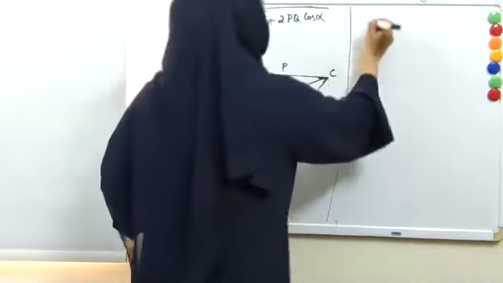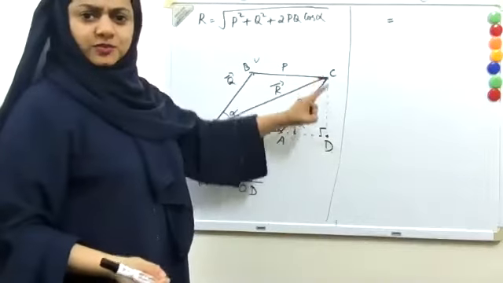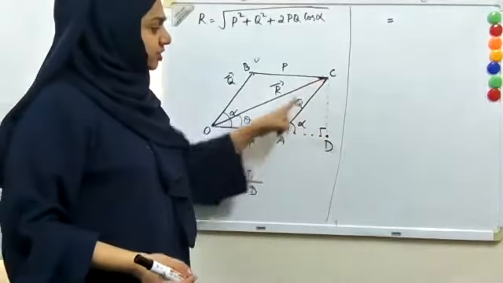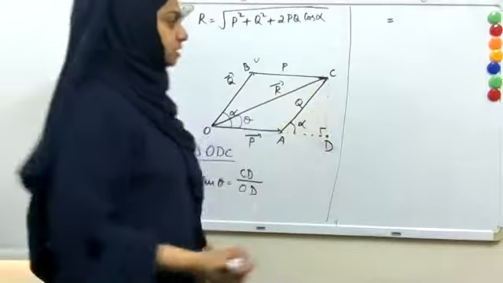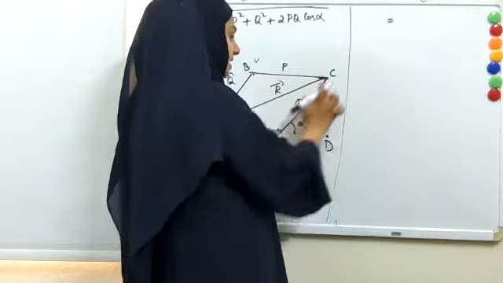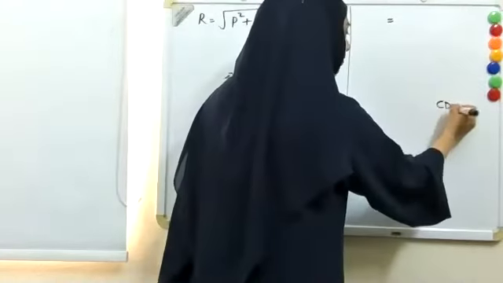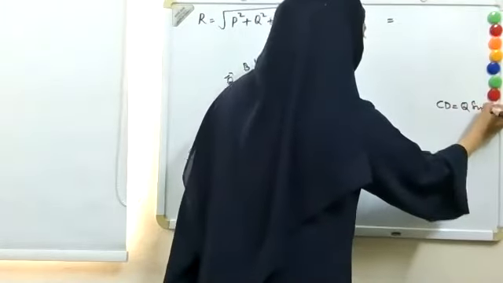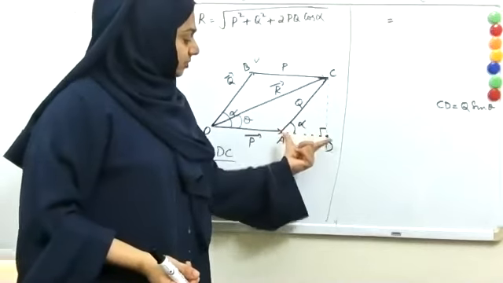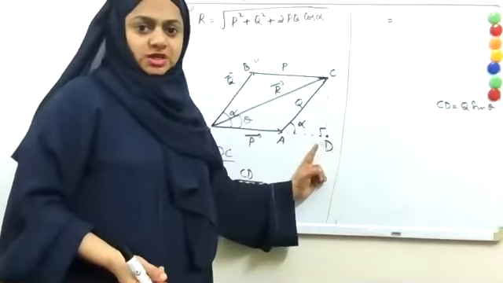And what is CD? I forgot the expression. In the earlier triangle, we already got an expression for CD. Remember, this is the opposite side. So sine alpha will be equal to CD by AC, and we wrote CD is equal to Q sine alpha. When we consider the previous derivation, do you remember this? CD is equal to Q sine alpha.